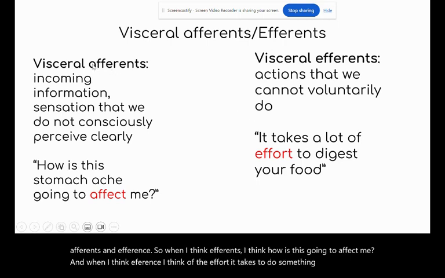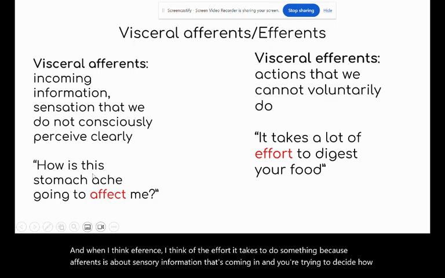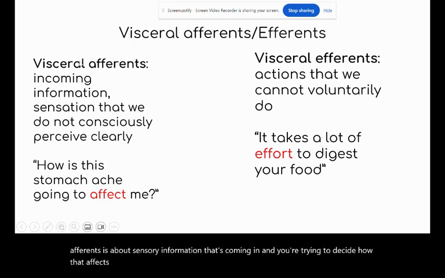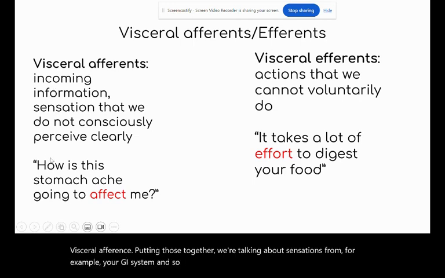Because afferents is about sensory information that's coming in and you're trying to decide how that affects you. When you see the word visceral, that's talking about your organs. So when we're looking at visceral afferents, we're talking about sensations from, for example, your GI system. And so I remember visceral afferents as, how is this stomach ache going to affect me?